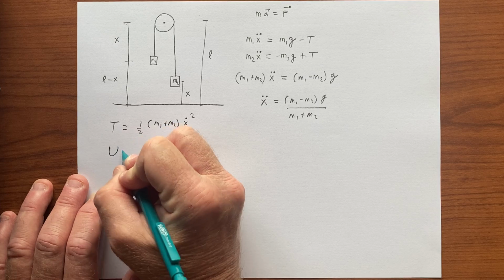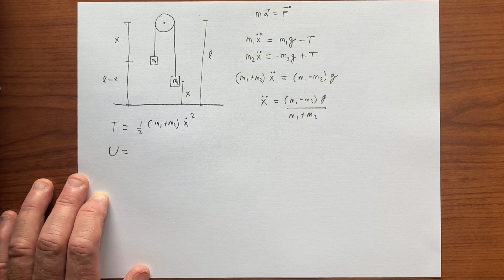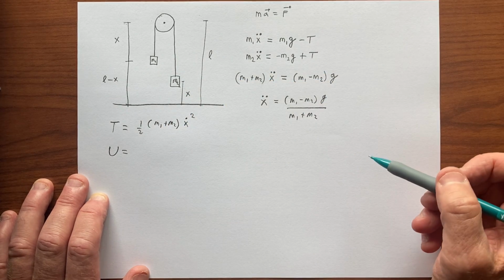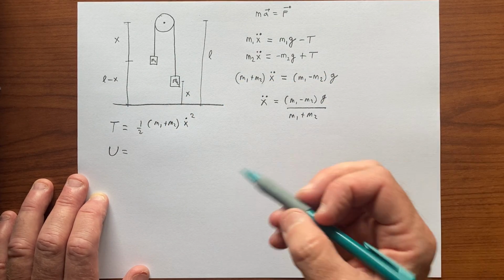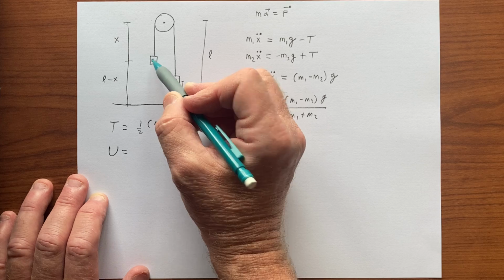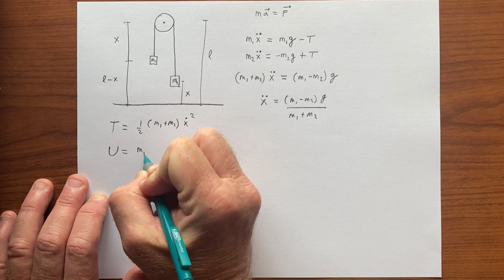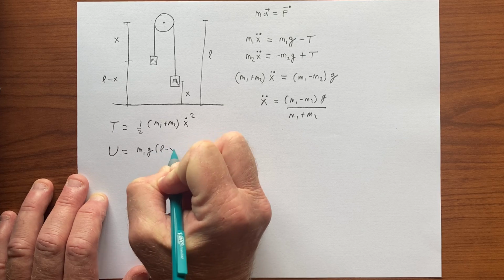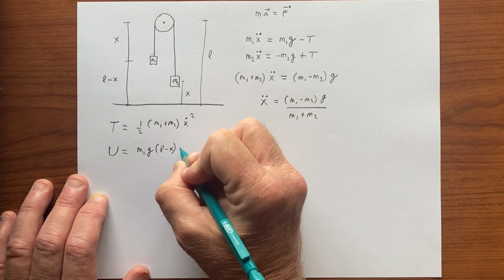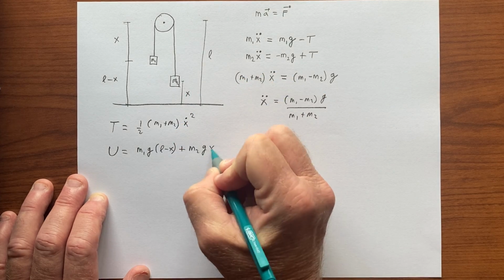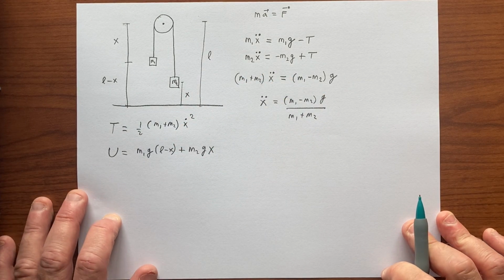And the potential energy is, let's find the heights. So the height of this one is L minus x. So we have m1g(L minus x) plus m2g times x, and that's the total potential energy.